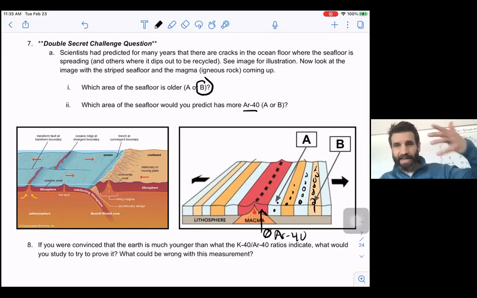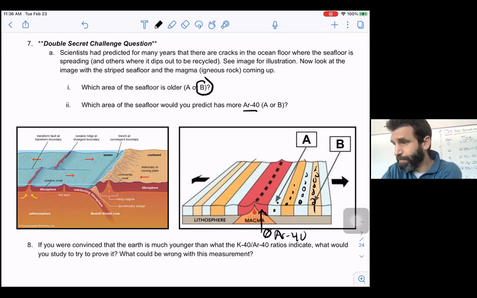Then this technique came out that says, hey, you can predict the age of rocks by determining how much argon 40 versus potassium 40 is there. So in this older rock, you would predict that B would have more argon 40.